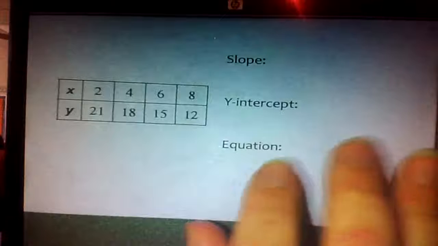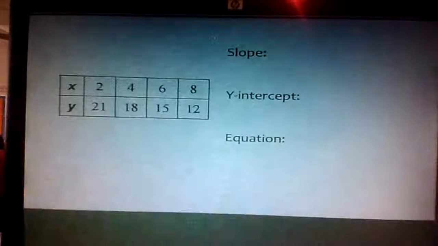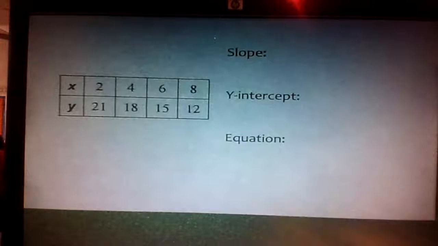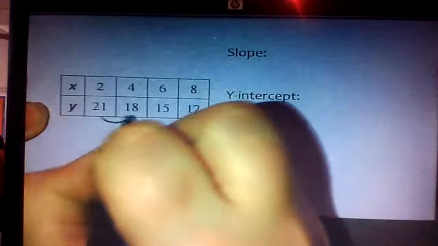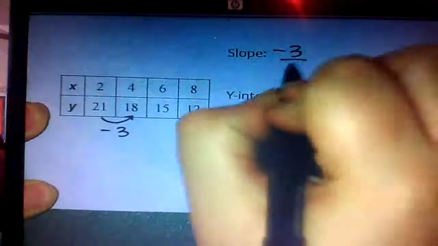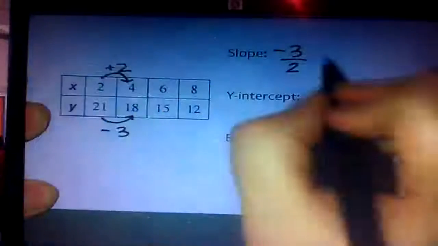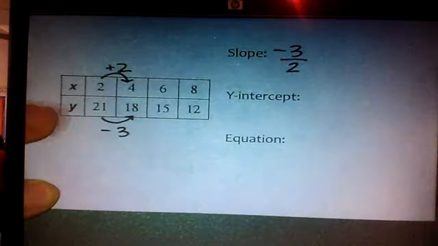Okay, let's take a look at this one. You said my slope is 3 over 2. It's negative 3 over 2.